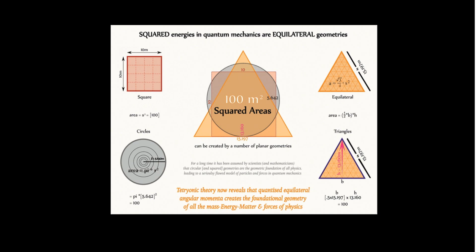What's far more practical and of far more use is, as in the previous video in the university, to print out the templates of equilateral quanta, the quantum coins, plus and minus charges, and physically put them together.